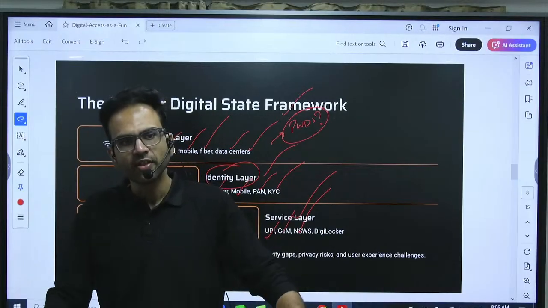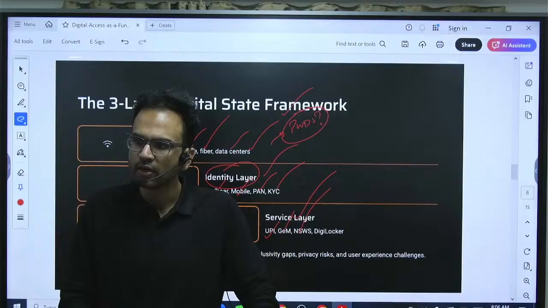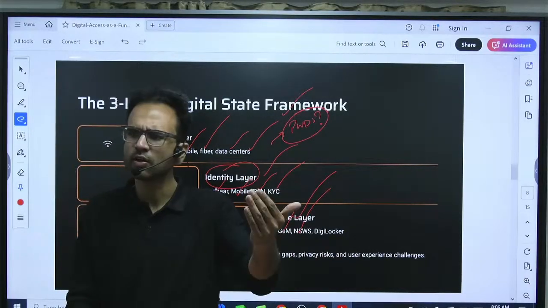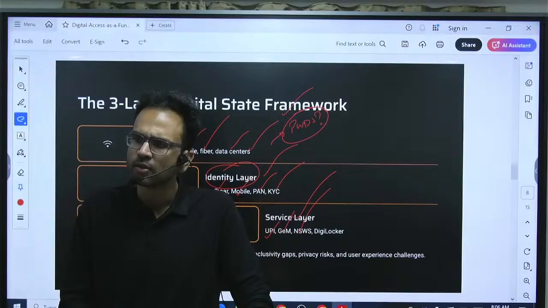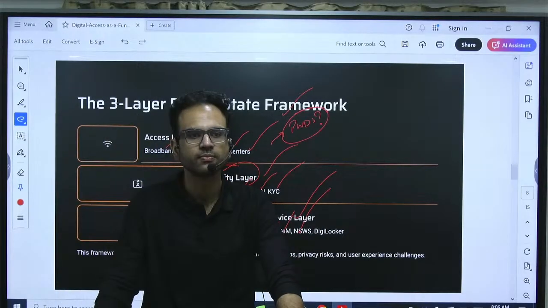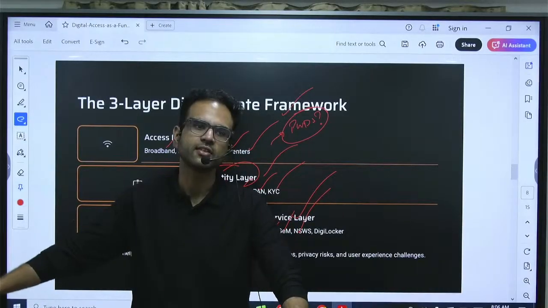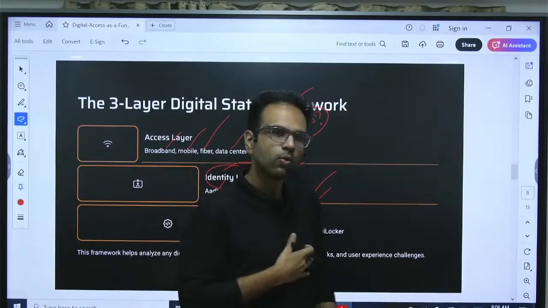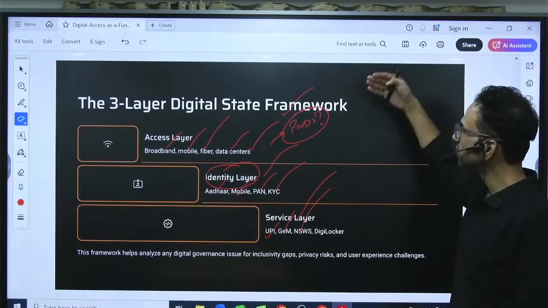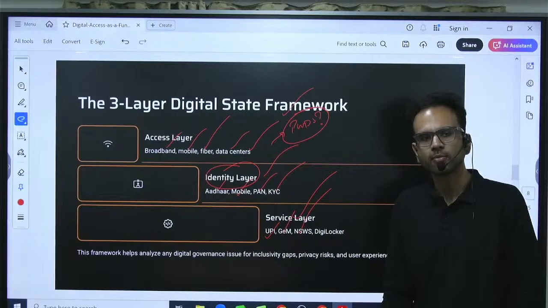So much documentation is reduced by single window clearance programs or schemes. It can either be of the state or the central government. But if the very identification problem is there at step 1, that process is effectively stopped there itself. And you don't want that to happen, right? That's a problem. So this 3-layered digital state framework should consider all these problems.